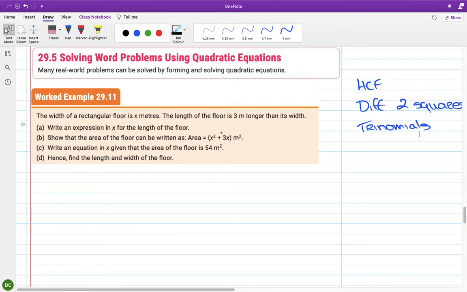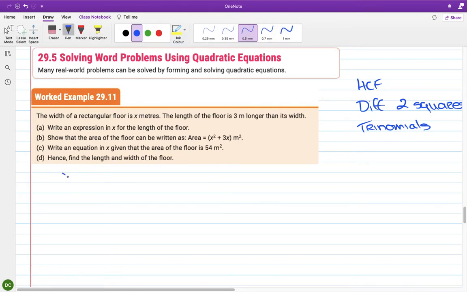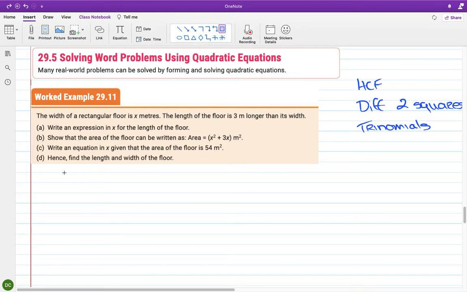Okay, so let's have a look. The width of a rectangular floor is x meters. The length of the floor is 3 meters longer than its width. Okay, so let's make a little rectangle. Did I get that now? No. Okay, so here is my rectangular floor.